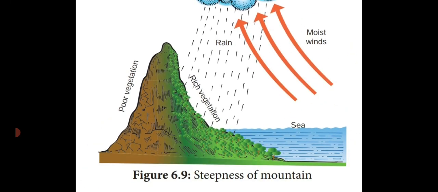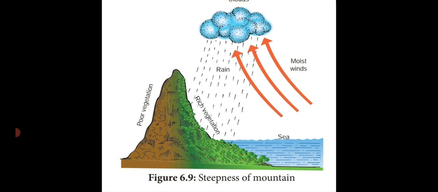Dear students, see the diagram. Steepness of mountain. So on the top of the hill region, due to black clouds, rain is falling on the hill region. On one side, the water is running from the top to the down region.